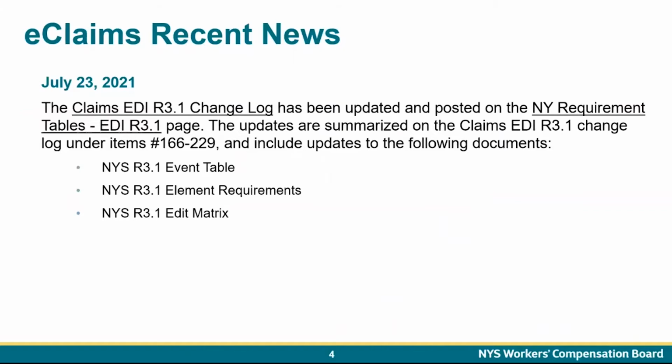The updates are summarized under item numbers 166 to 229 on the changelog. These changes include the 3.1 event table, the 3.1 element requirements table, and the 3.1 edit matrix. These changes will be reviewed during this webinar.